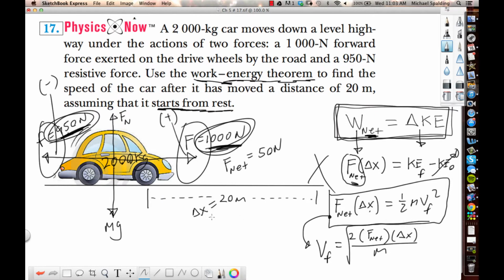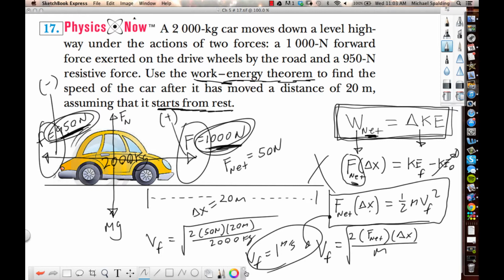So I'm going to plug the numbers in over here. That'll be v final equals the square root of 2 times 50 newtons times the displacement of 20 meters over the mass, which is 2,000 kilograms. This comes out to be 1 meter per second.